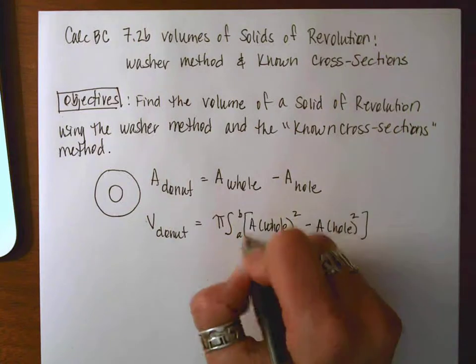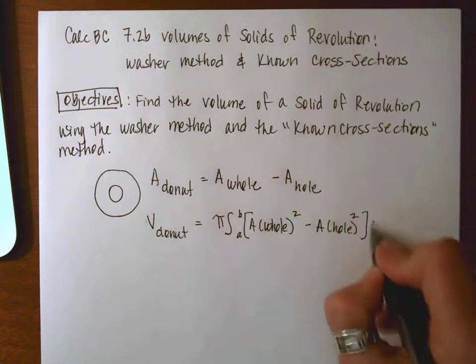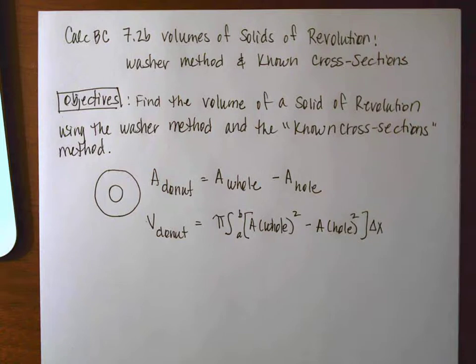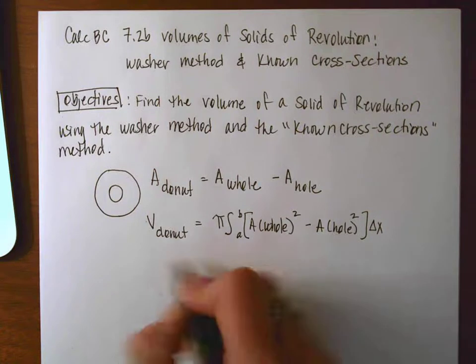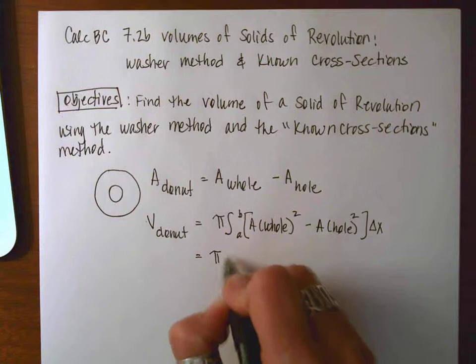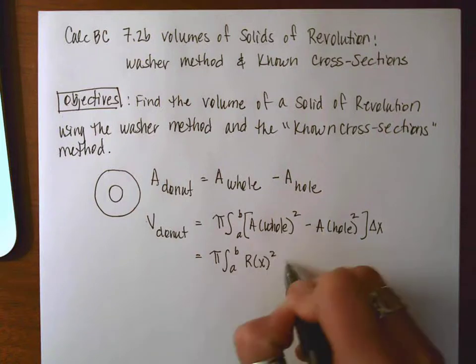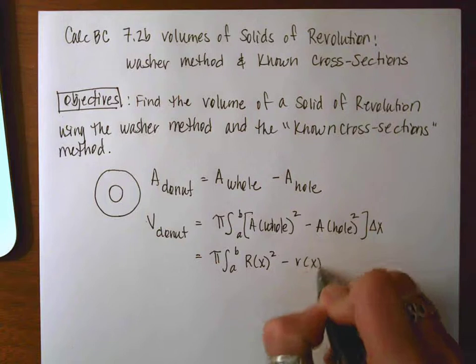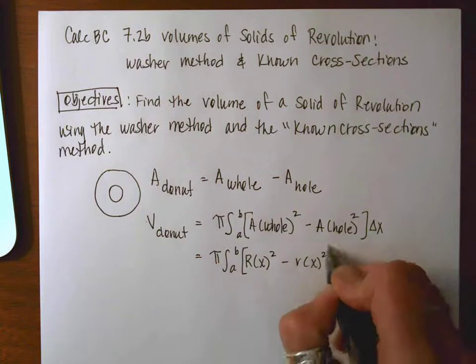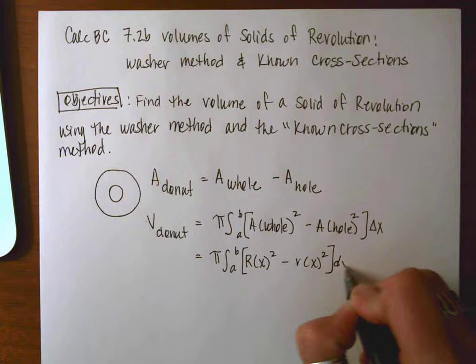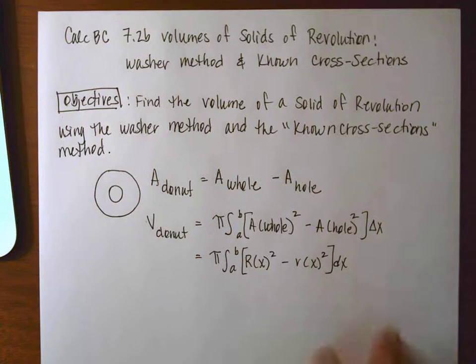And then, of course, we're going to put in the thickness of our donut, and we're going to get our dx. Well, to make it look even more official, we're going to call this pi integral A to B, capital R of x, quantity squared, minus little r of x, quantity squared. Get some nice parentheses in there. Oops, that guy's going to be a dx.